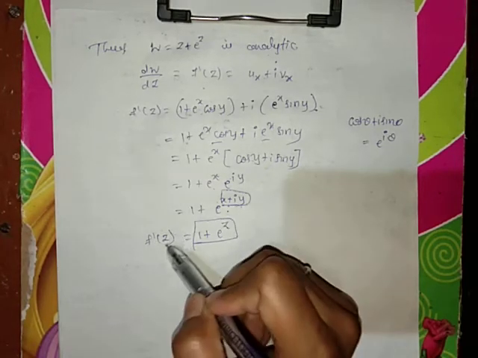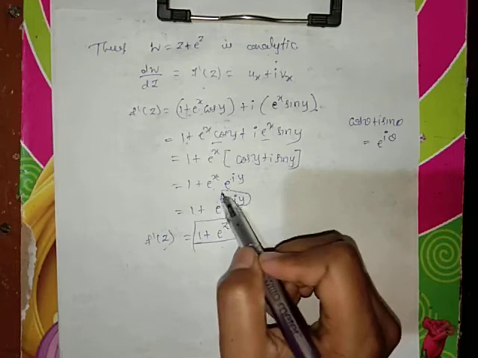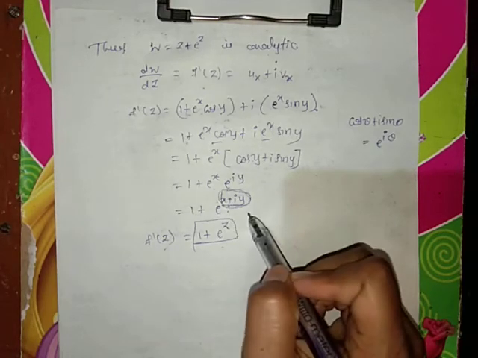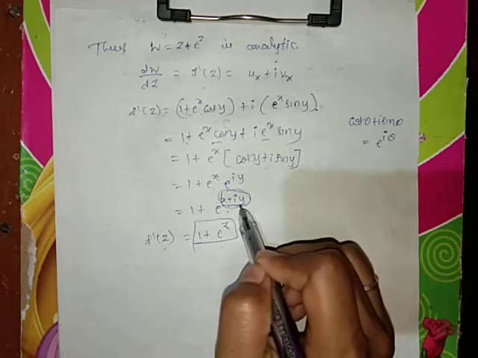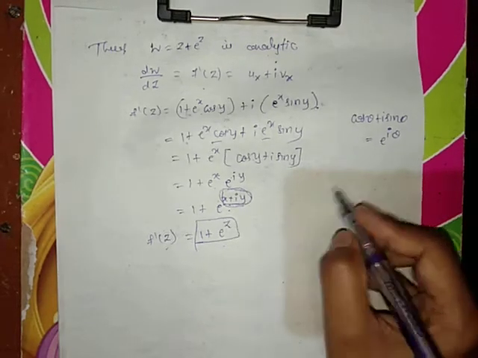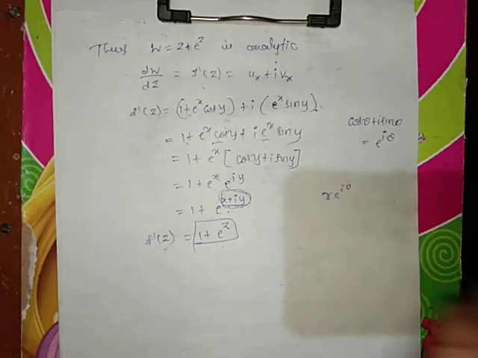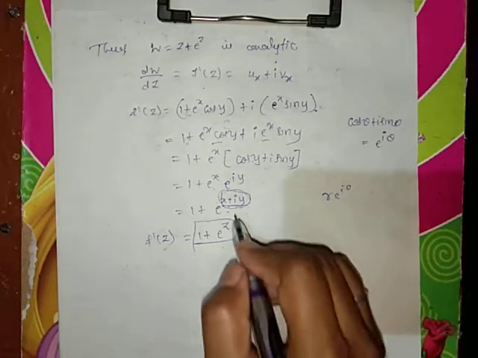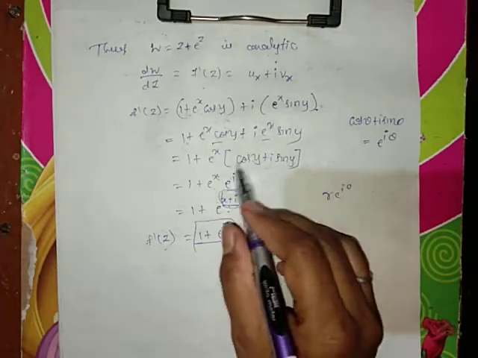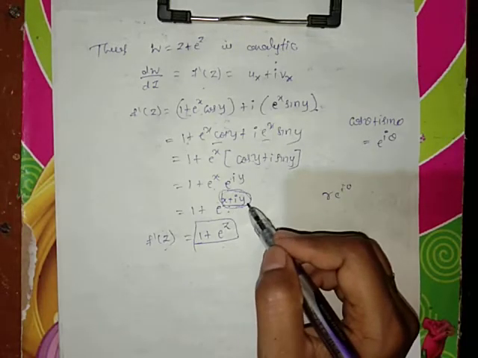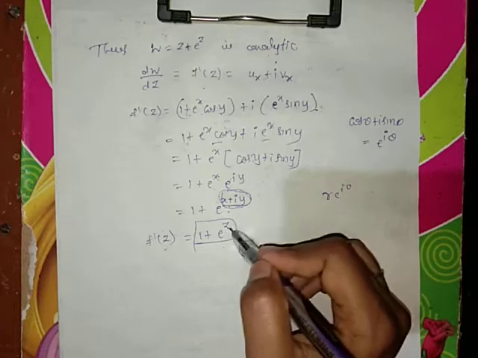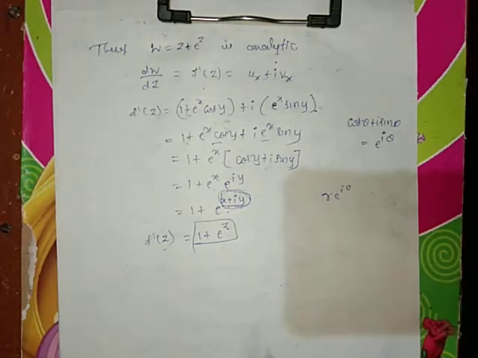Because to get the function f dash of z in terms of z, to substitute z equal to x plus iy, we have to rearrange the terms as a function of x plus iy or r into e raised to i theta, that is the polar form that we will discuss later. But as related to this example, you have to convert the function as x plus iy. After converting into the form of x plus iy, I take a substitution x plus iy equal to z, and we get the f dash of z in terms of z here.